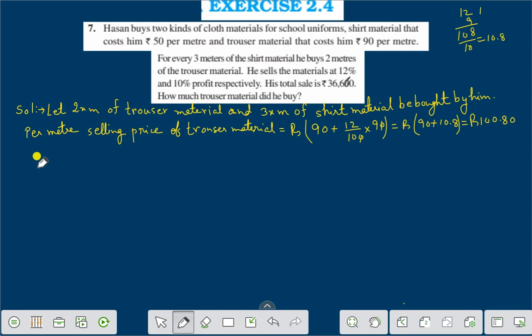Now we'll find the selling price of shirt material per meter. The selling price of shirt material is equal to the cost price, rupees 50, plus the profit.